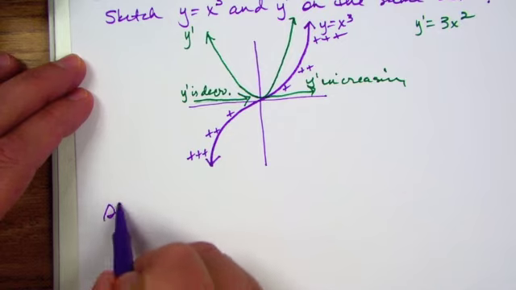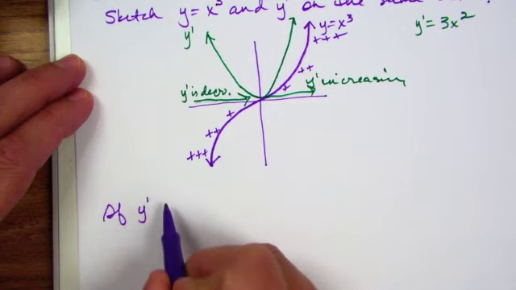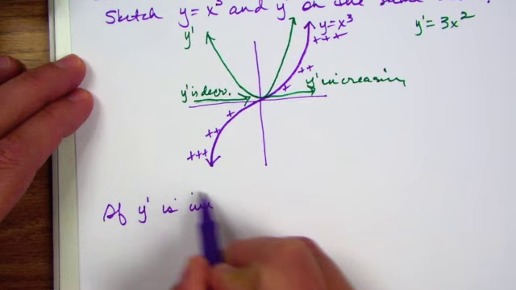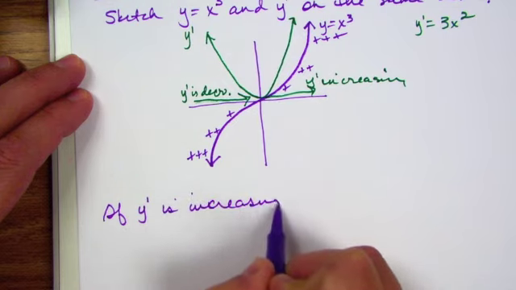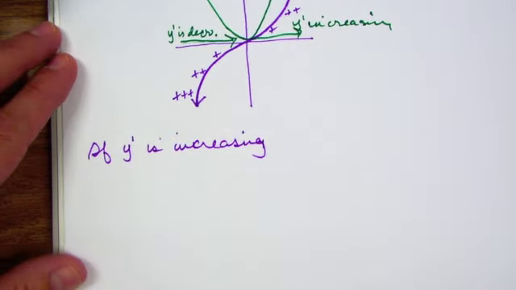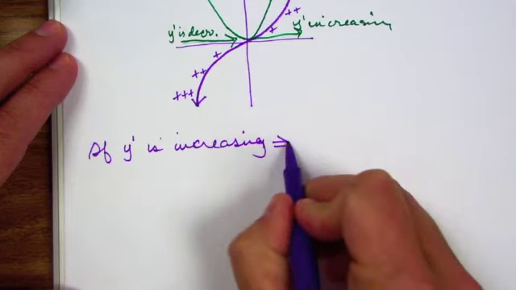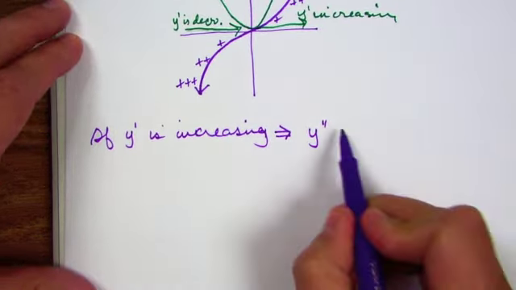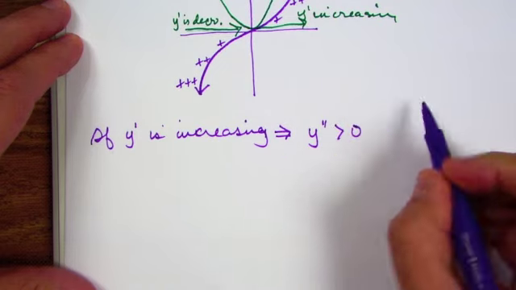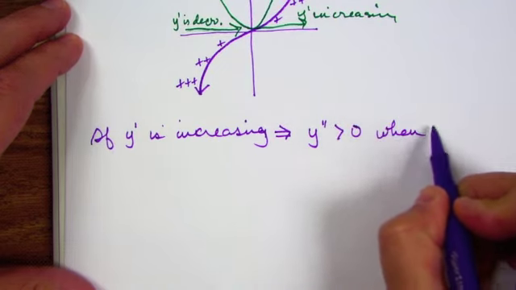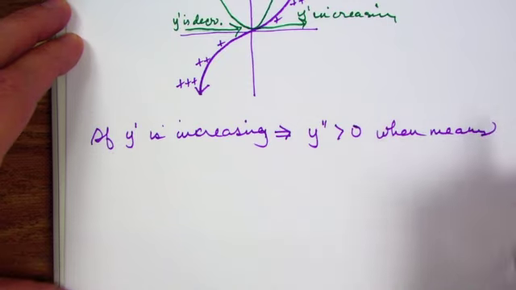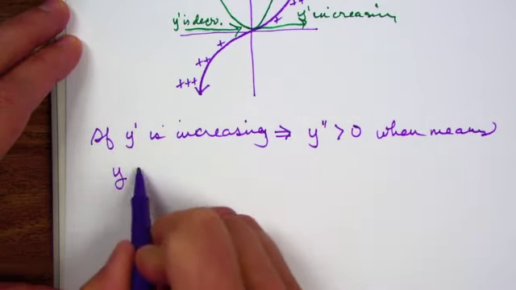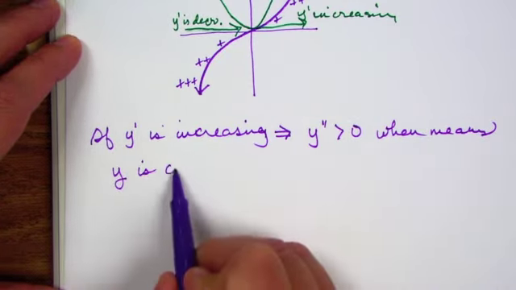Let's summarize that. If y prime is increasing, y double prime is greater than 0, which means y is concave up.